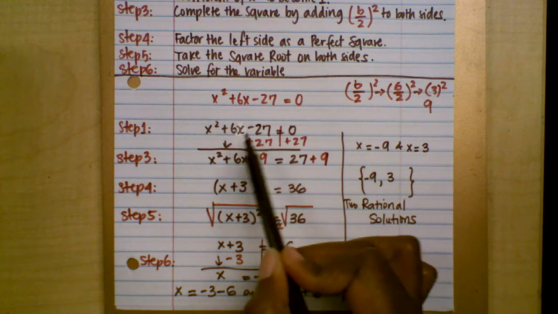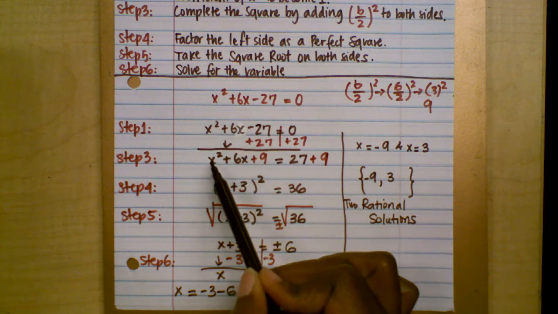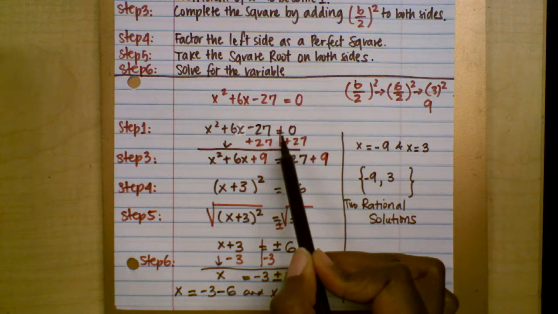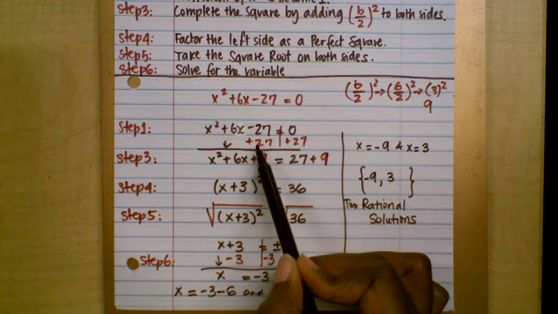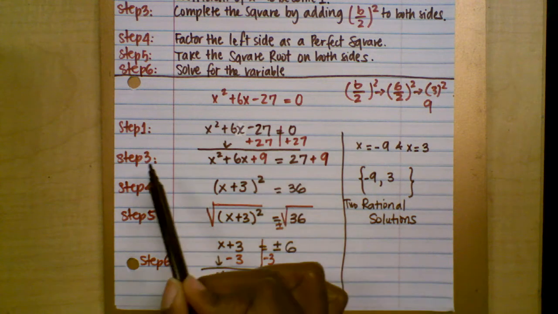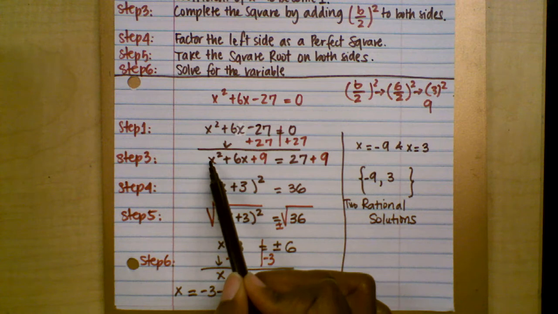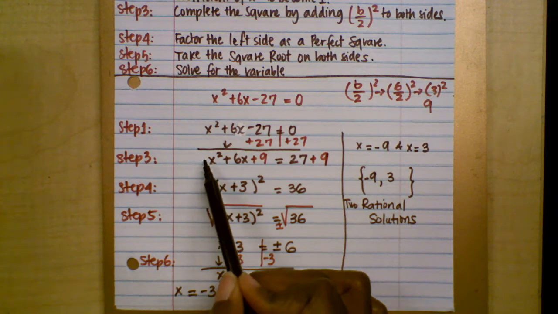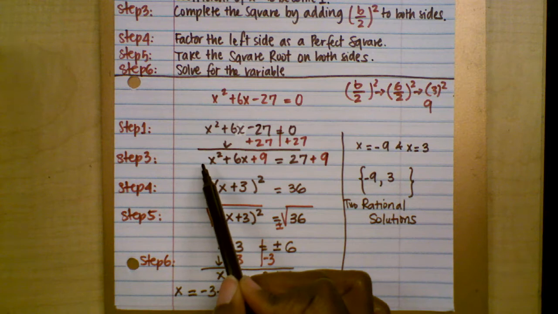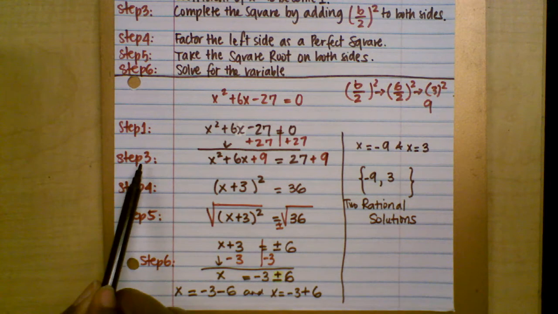For step 1, I want the x² and 6x to stay and the -27 to be on the other side of the equal sign, so you add 27 on both sides. Then I don't have to do step 2, because the coefficient of x² is already 1. And remember, to complete the square, the coefficient of x² needs to be 1. So I skip step 2 and move to step 3.